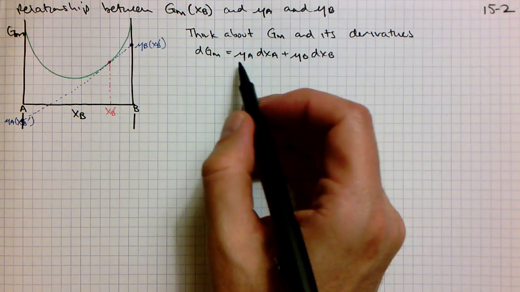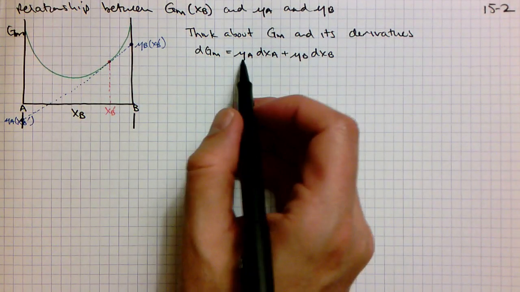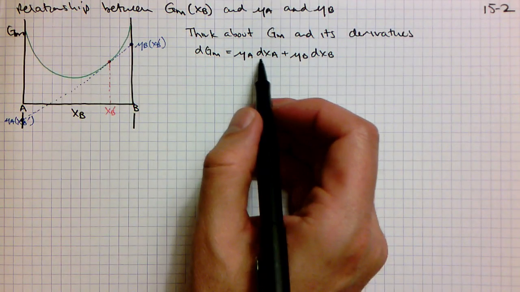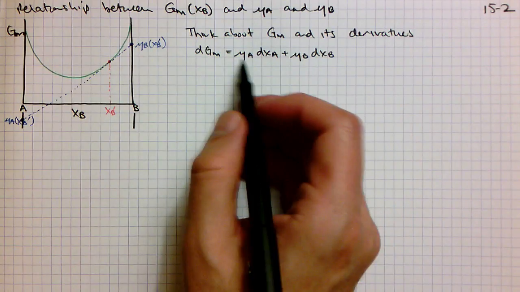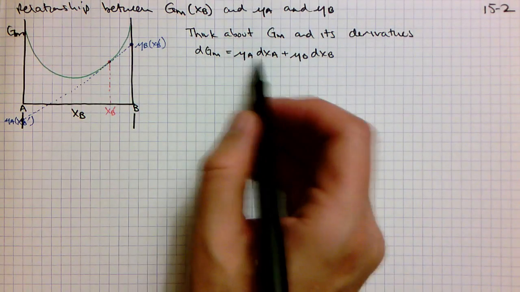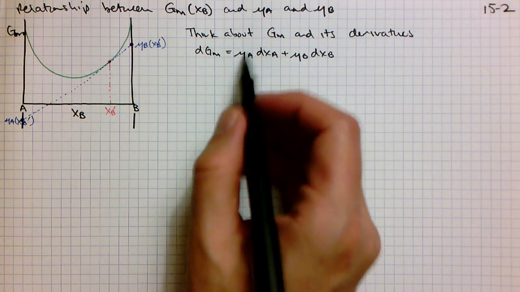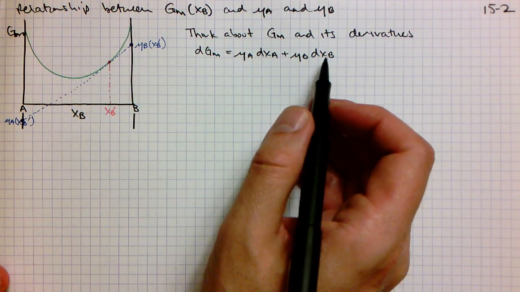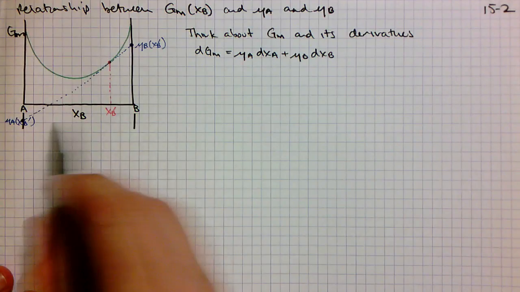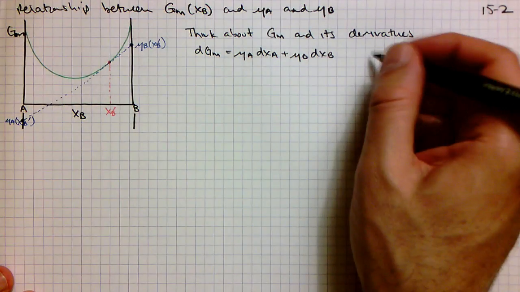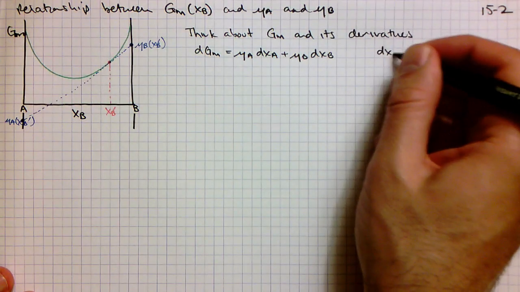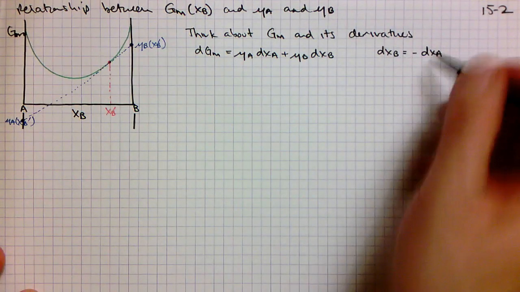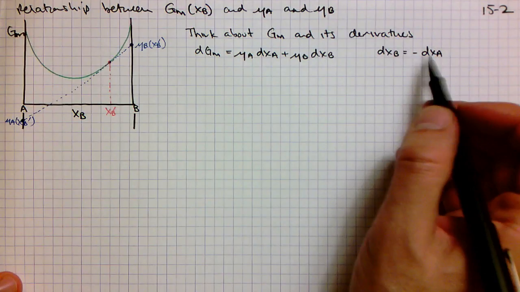That is, the chemical potentials give us the change of the free energy per mole with respect to a change in the amount of one species or the other, so we can get the change of the free energy per mole by looking at the chemical potential times the change of each particular species. But if we have a mixture of just A and B, we also know that dxb is equal to minus dxa, right? Because if we decrease B, we increase A, and vice versa.